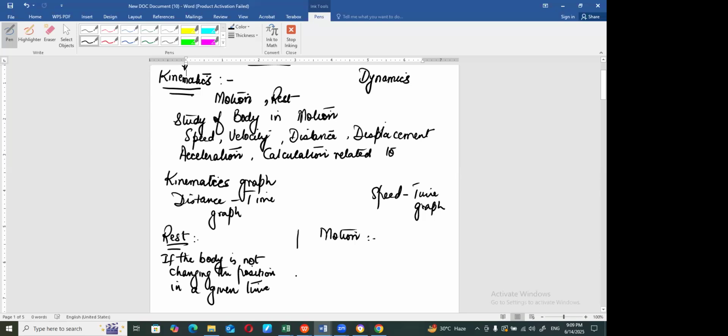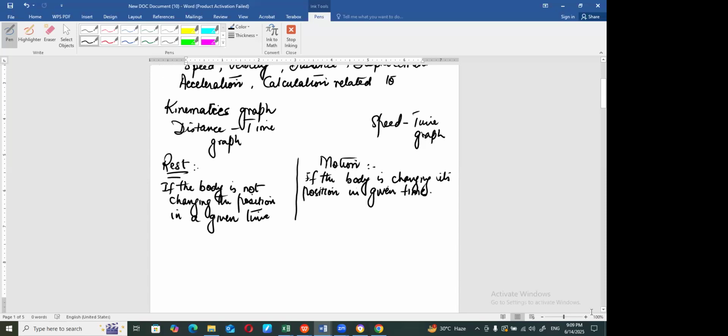And in case of motion, the body is changing its position in a given time. But still, there is something missing in these two definitions.